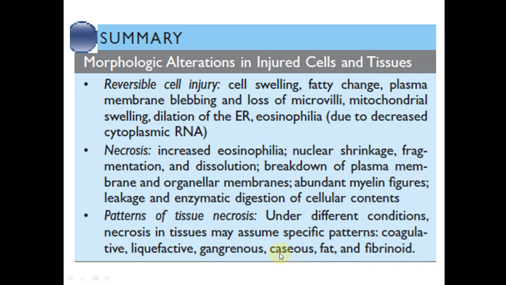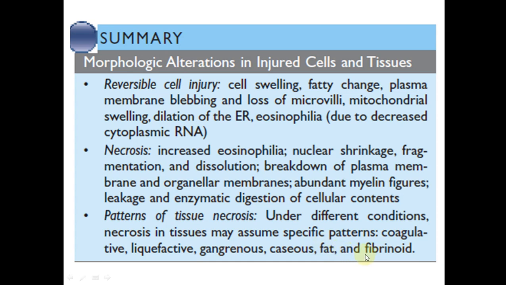Caseous necrosis is typical of tuberculous infection, and in fat necrosis there is release of pancreatic lipases that will cause digestion and degradation of the fat cells in the peritoneum.